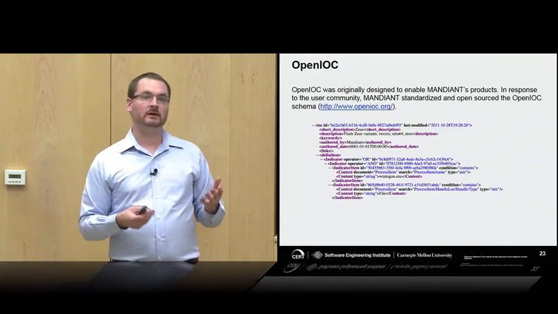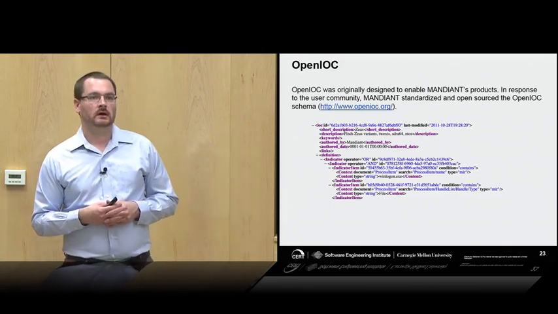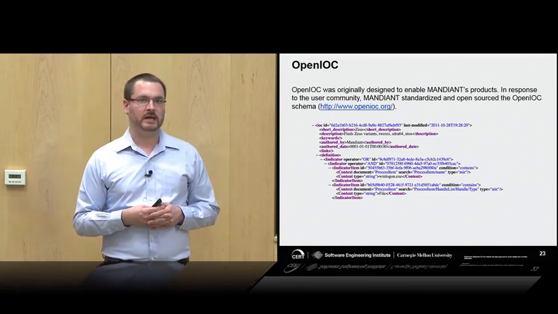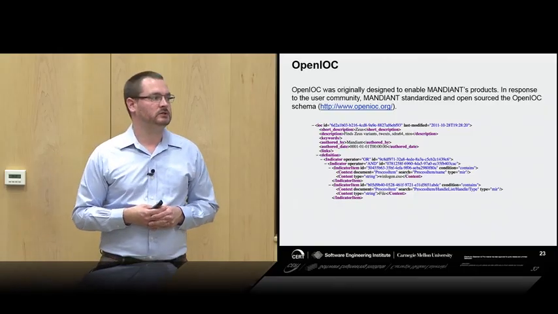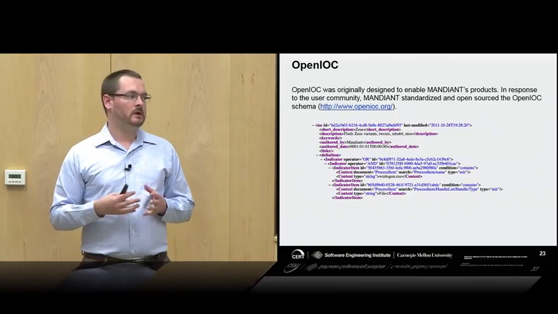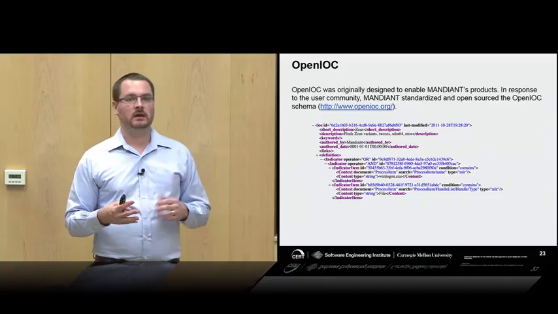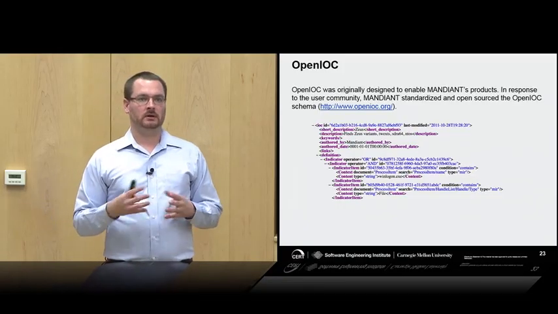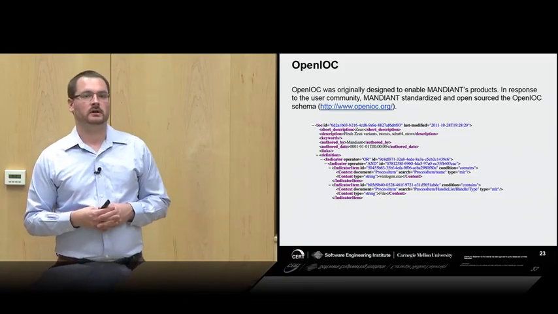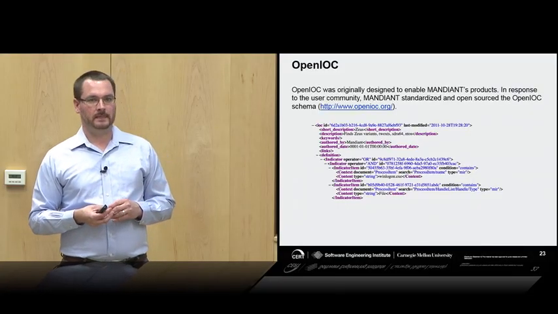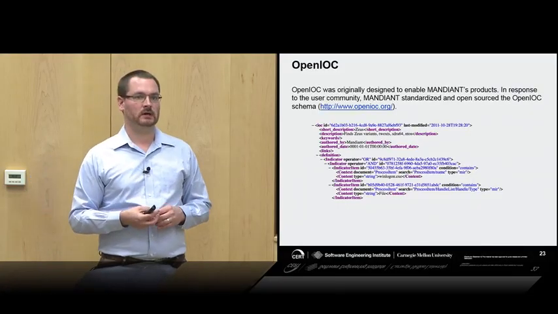OpenIOC was originally designed to enable some products from Mandiant, and then in response to the user community, Mandiant ended up standardizing it and open sourcing the format so that others could also use the schema for themselves.